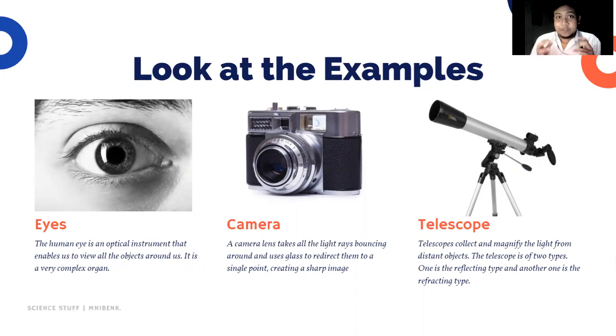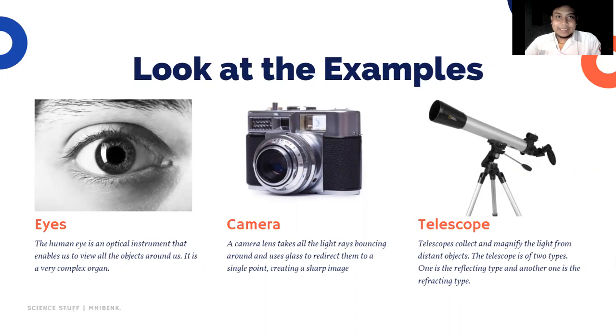The difference from our eyes is that when we see an image, we only remember it in our minds, but if we use a camera, we can get a physical copy of the image we see.